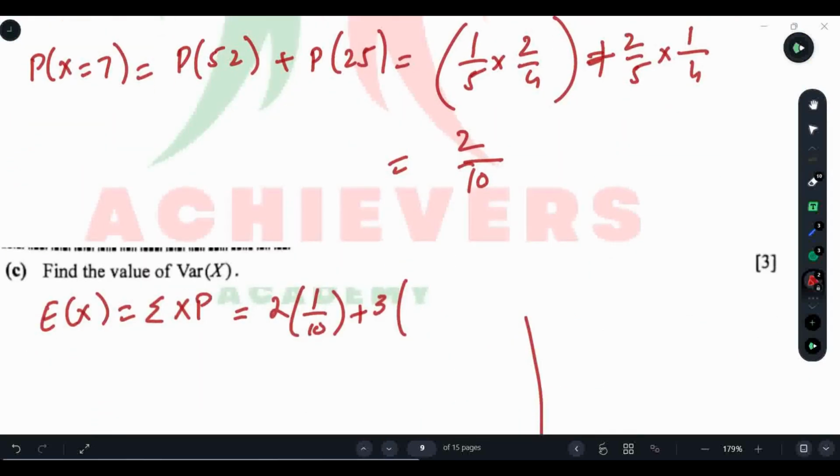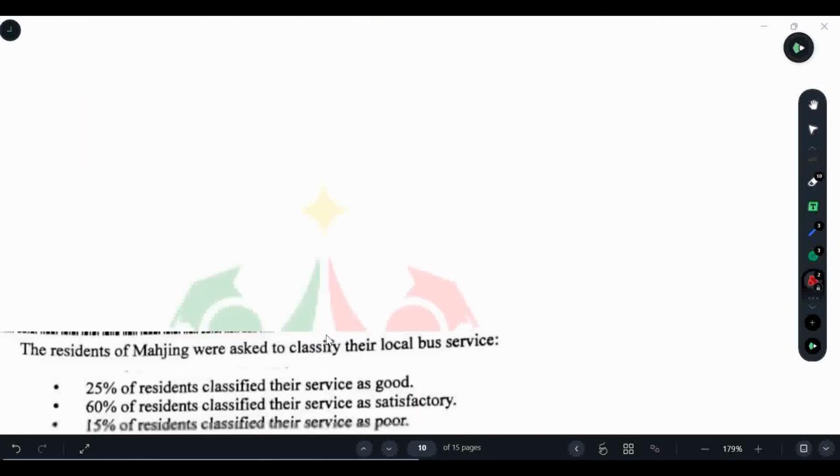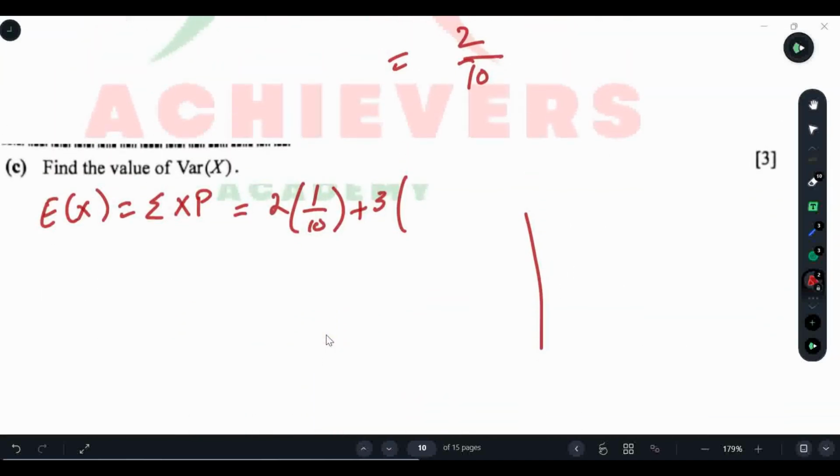Now let me write it over here. Okay, we need to just multiply it over here.